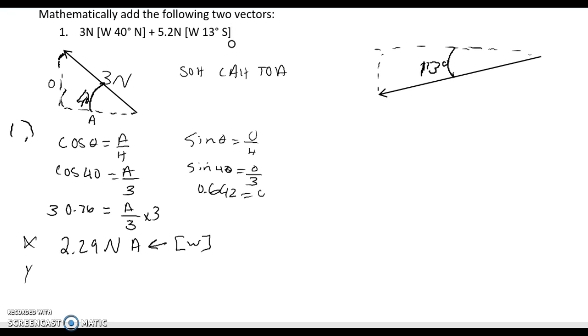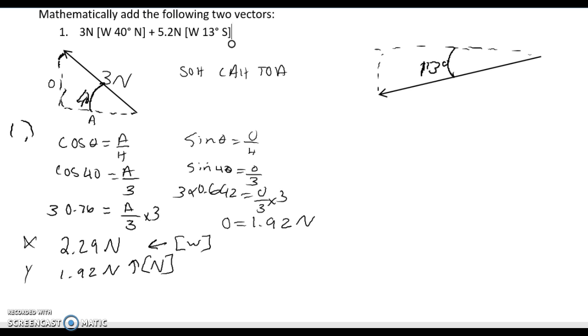That's opposite divided by 3, so multiply both sides by 3. You're going to get the opposite side equal to 1.92 newtons. So this is 1.92 newtons, and this is moving up, so that would be considered north. Okay, so just breaking that down.